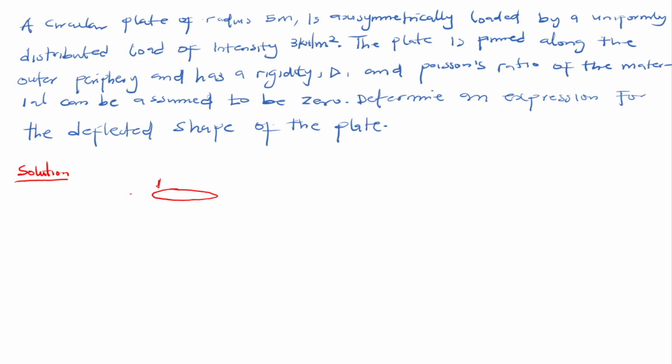It is loaded uniformly, this is the loading pressure, and then we have it being supported at the periphery. So if we cut a section through this plate, let's call it section XX, we'll end up with this.